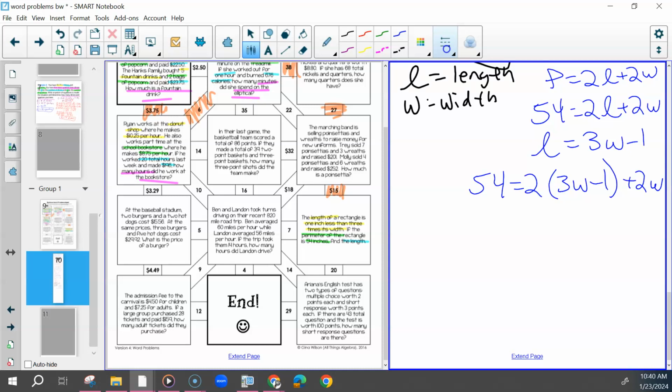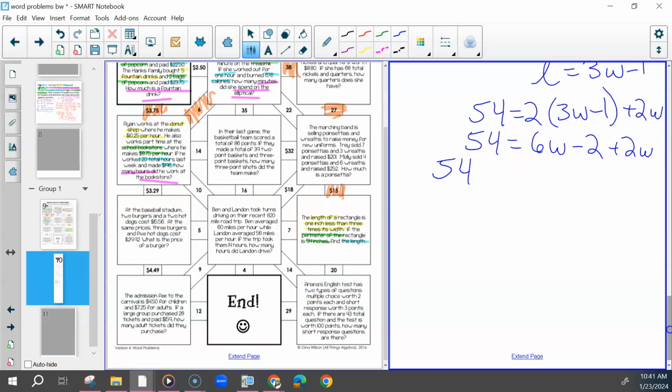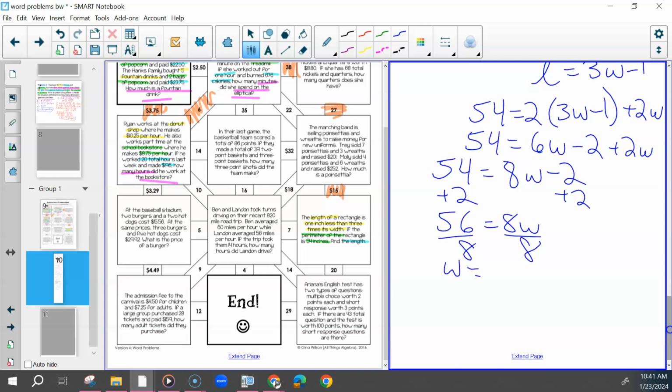And then we can distribute and solve for W and then go back and find L. So in this one we'll have to solve for W and then go back and find L, but in the previous ones we were finding the one specifically, but that's okay. So the width would be what? 7 inches.